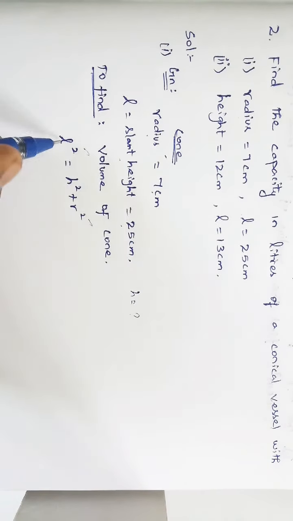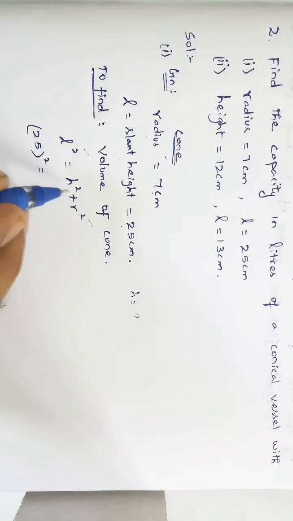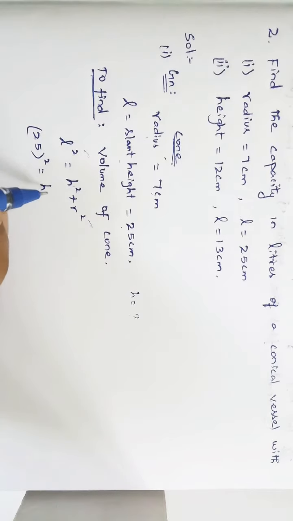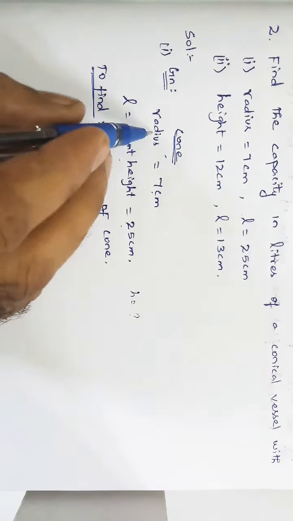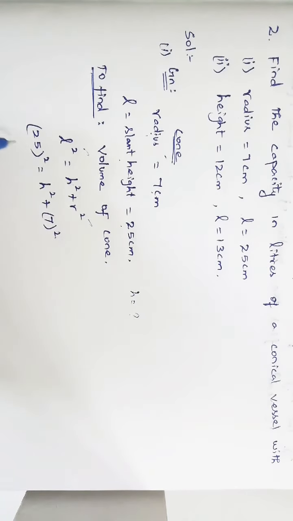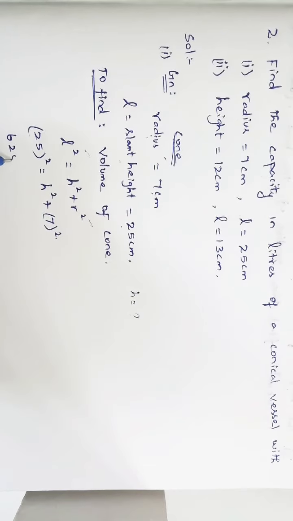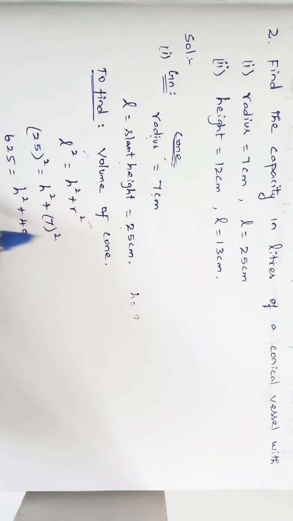So what is the value of L? L is 25. So 25 square is equal to h square, that only we want to find, so keep it as it is, h square plus, what is r? Radius of a cone. R square is 7 square. So 25 square is 625. 625 is equal to h square plus 49. 7 square is 49.